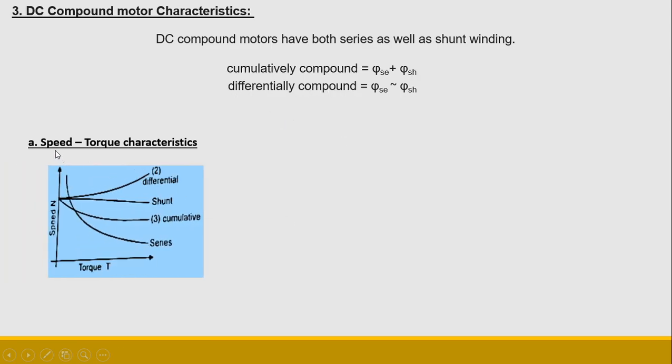Let us take the first one, speed torque characteristics. I have not explained speed versus armature current separately because both are the same here. In the x-axis we have taken torque, in the y-axis we have taken speed.